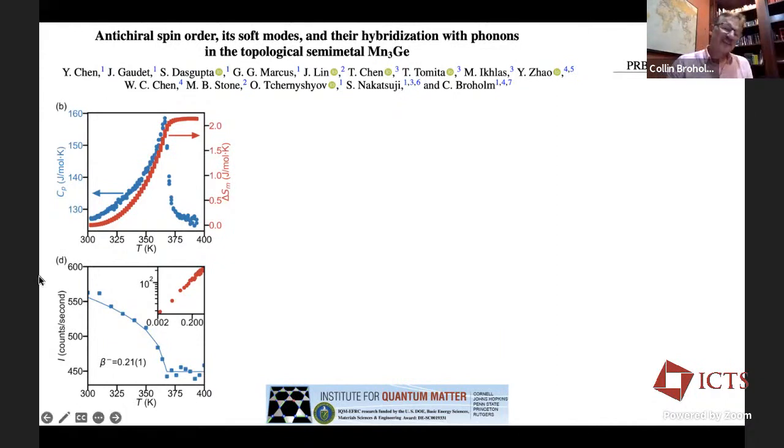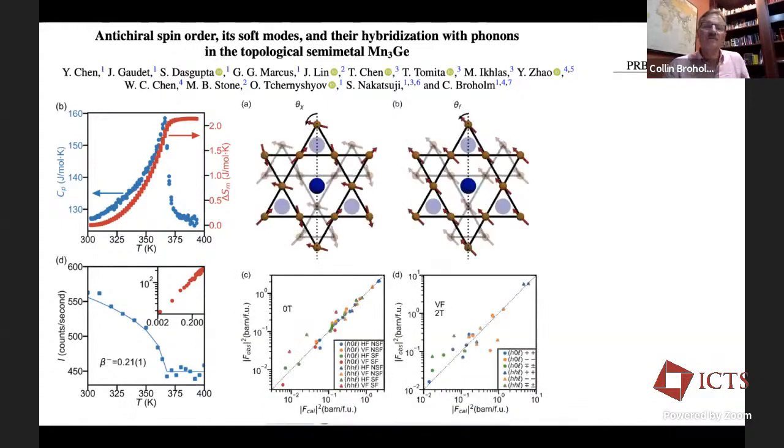There's a fairly interesting critical exponent that we extract by measuring the temperature dependence of the Bragg peaks. And we don't actually understand quite which universality class this is associated with. There are various other stacked triangular lattice systems that have similar critical exponents, but I don't think there's a really good understanding of where this exponent actually comes from.